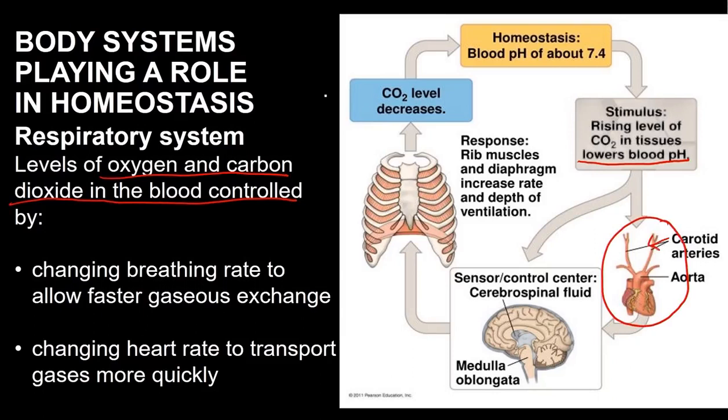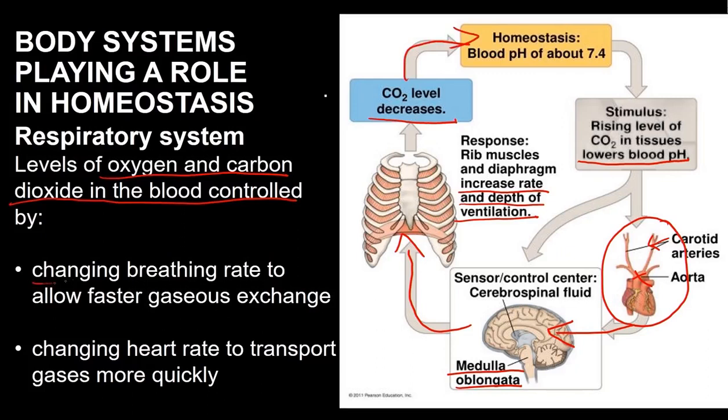We talked about sensors earlier in the carotid arteries and the aorta here. That sends a message to the breathing control center, which is in the medulla oblongata of the brain, and that will then send a message to the diaphragm and the rib cage to make you breathe faster and breathe more deeply, so that the CO2 level then decreases and the blood gets back to normal.